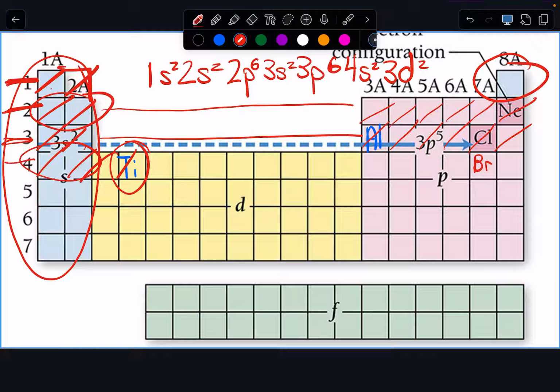I don't know if that feels easier to you guys. Hopefully it does, and it doesn't feel like, well, I'd rather just draw the orbital diagram. If you would, by all means, go ahead, if that's easier for you. I think what I like about it is that we're going to do bromine next.